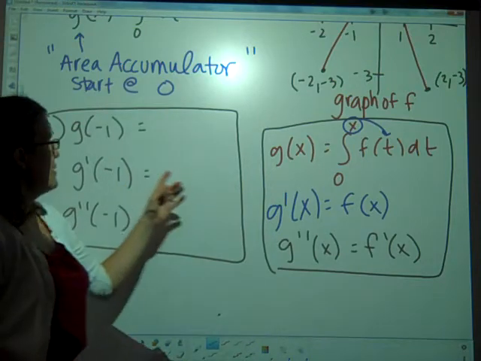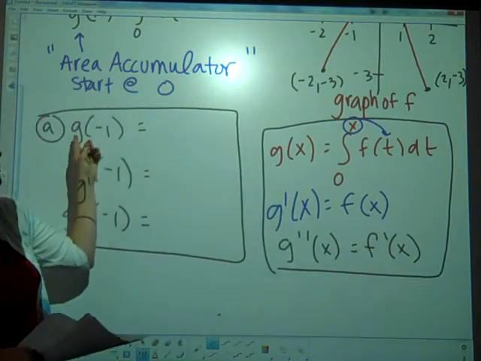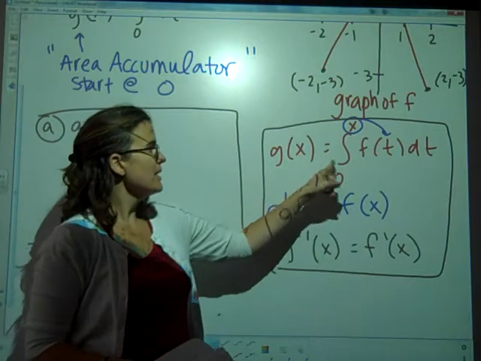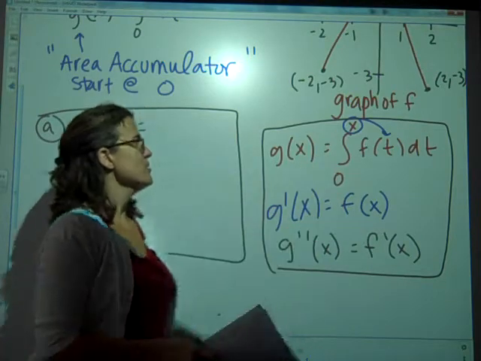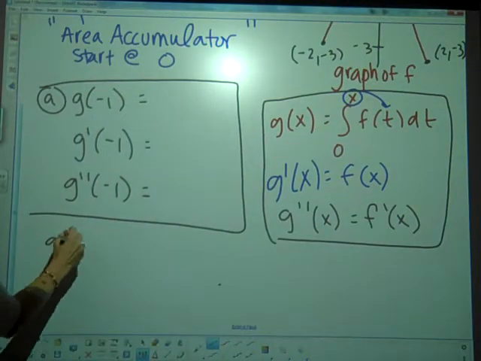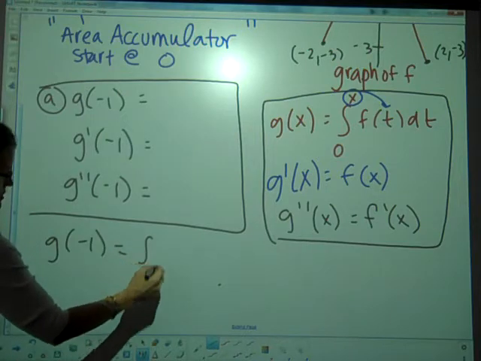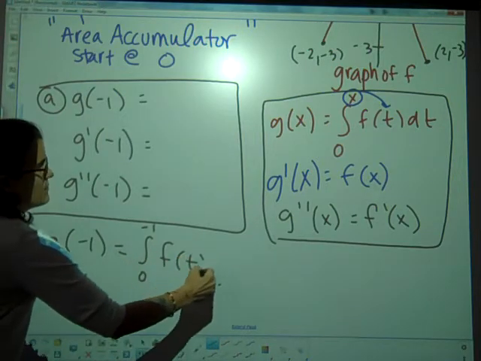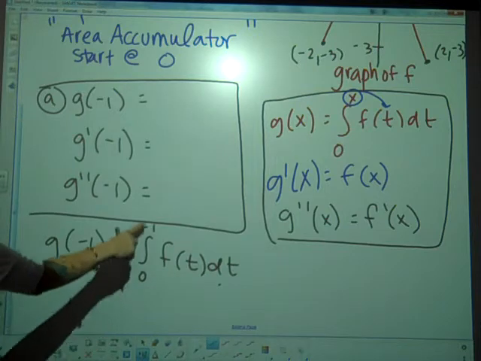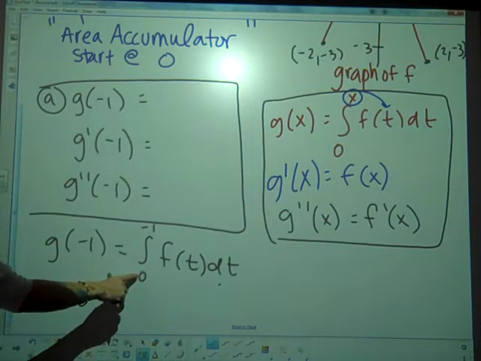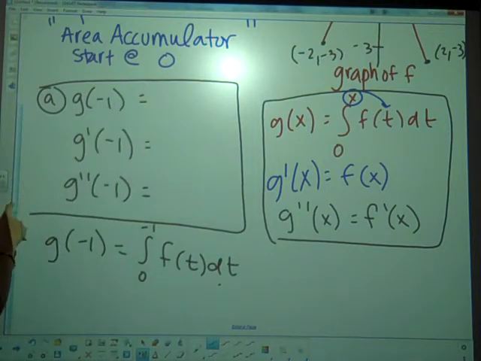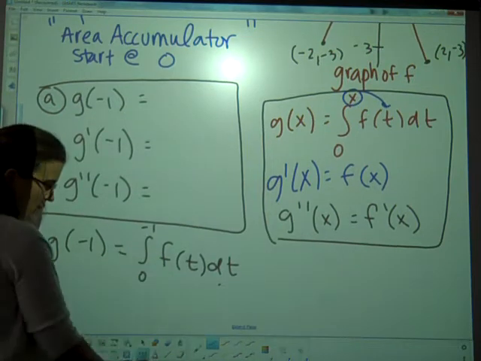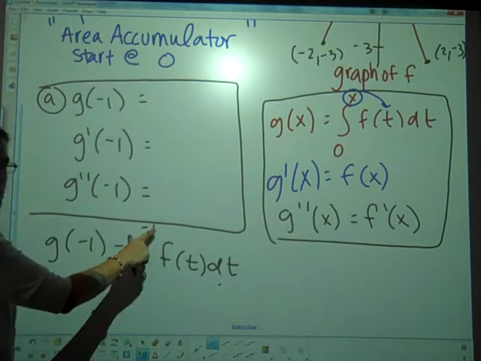All right, y'all. So maybe let's attack the first one. g of -1 means I am plugging in -1 in here for x. So for g of -1, I want to know what is the integral from 0 to -1 along f of t. Okay. So we want to think about how much area gets accumulated from 0 to -1 along this picture. Well, this should kind of feel funny, y'all, because we're starting at a bigger number and ending at a smaller number.